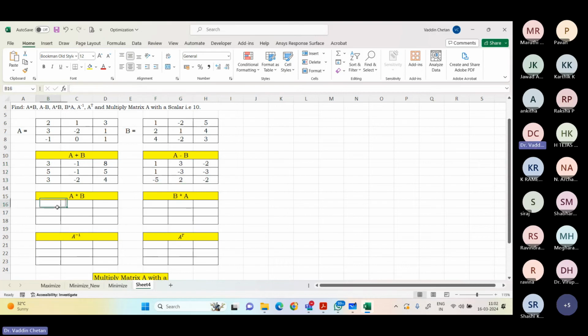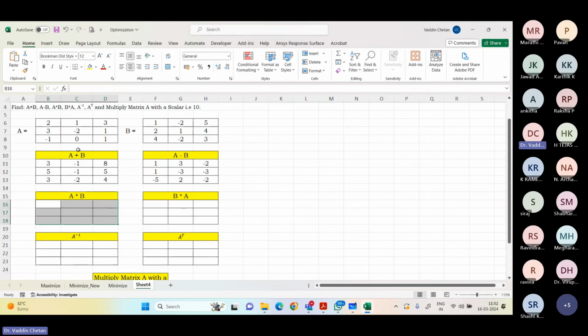Unlike this, matrix multiplication, repeating once again, cannot be done in the same method, that is equal to matrix A into matrix B. This cannot be done. Majority of the students I have observed, they will do it by using that method. That is absolutely wrong.